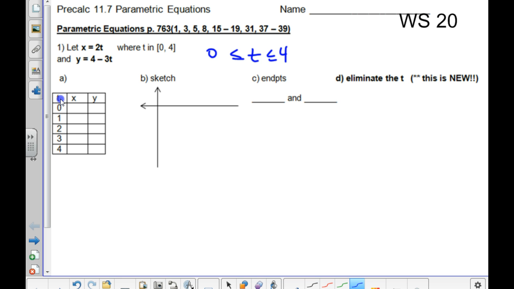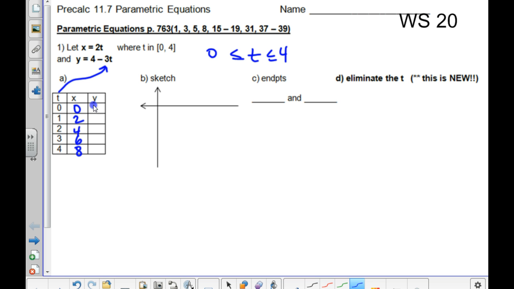So we used to have little charts like this, and we'd say between 0 and 4, find x, find y. So for x, we double t. So 2 times 0 is 0, 2 times 1, 2 times 2, 2 times 3, 2 times 4. Think I got those right? Then it says put t in here and figure out what y would be.